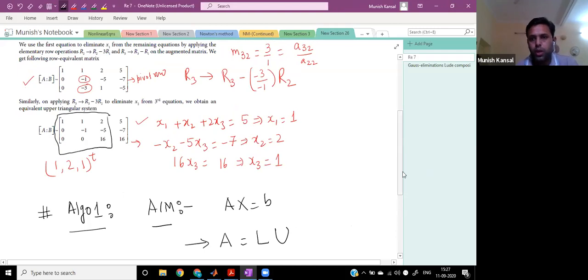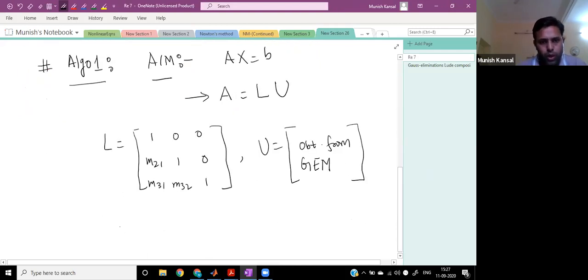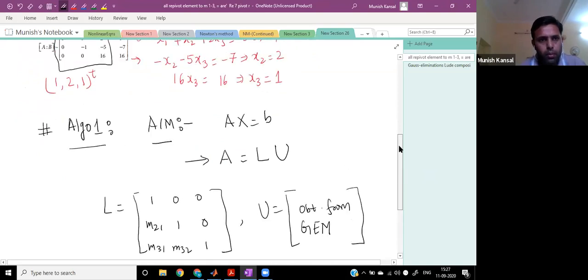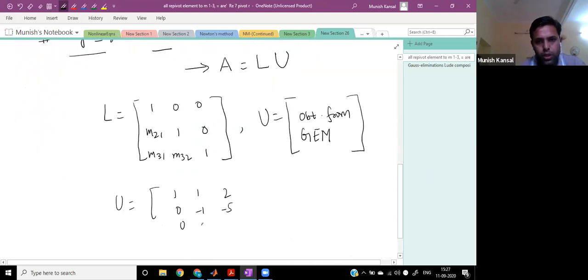So this is your U matrix, right? Let me write down the U matrix. U is equal to 1, 1, 2, then 0, minus 1, minus 5, then 0, 0, 16. So this is my U matrix.